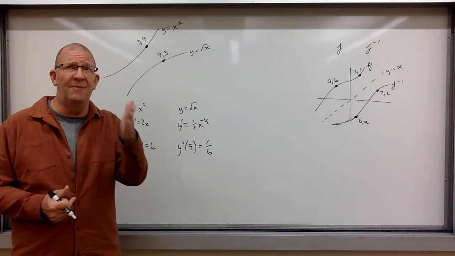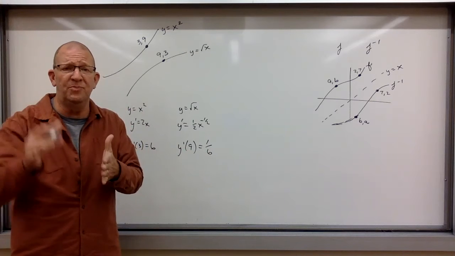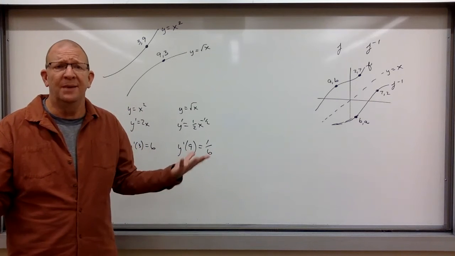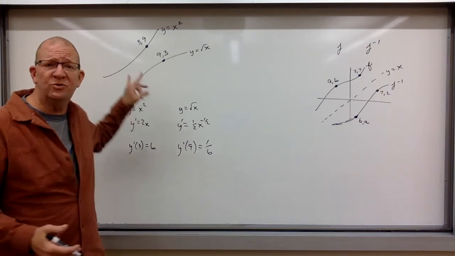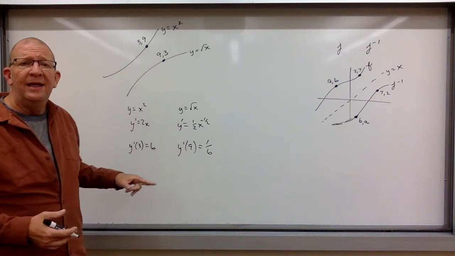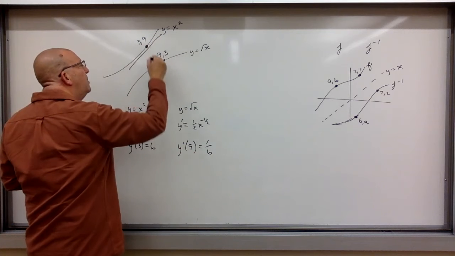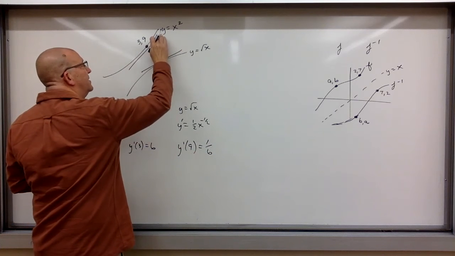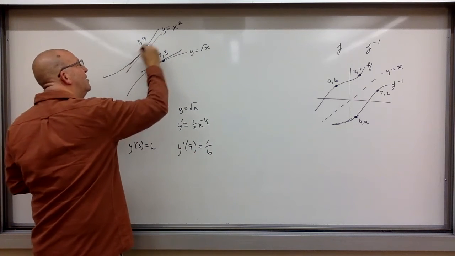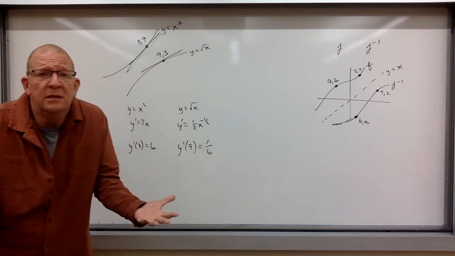Is it f prime of x naught is 1 over g prime of y naught? Something like that. Whatever. I just draw this little picture here. And it helps me understand that this tangent line slope and that tangent line slope are reciprocals.